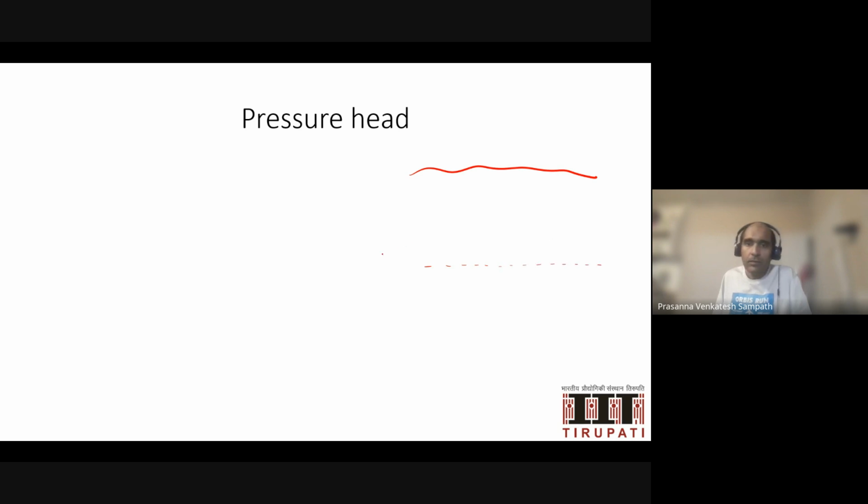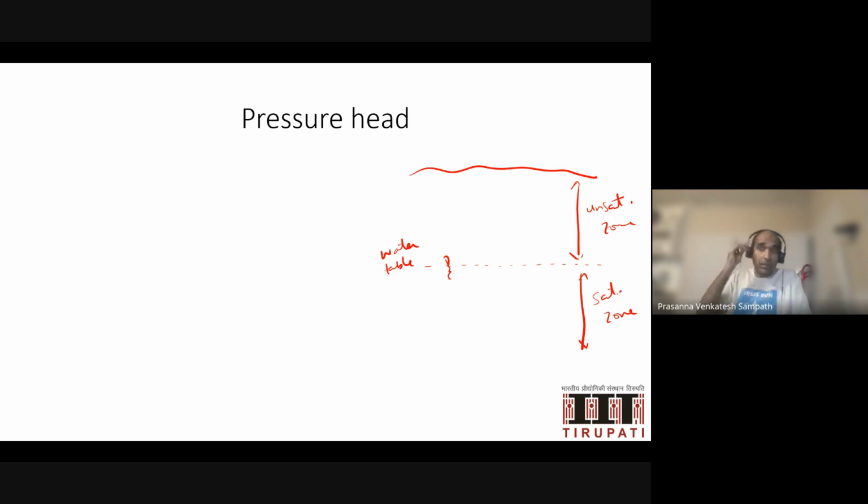This region up to the water table is the unsaturated zone, and the region below the water table is the saturated zone, SAT. I'm just writing it short.